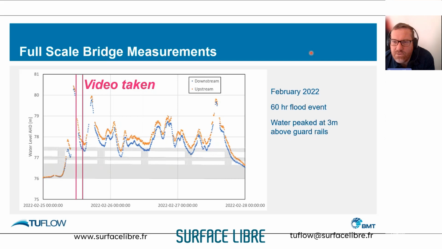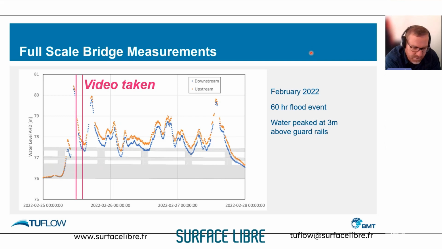I'm not sure I completely understand that question. So the subgrid turbulence is essentially the subgrid level hydrodynamics. TUFLOW has a range of subgrid turbulence models which can be used.